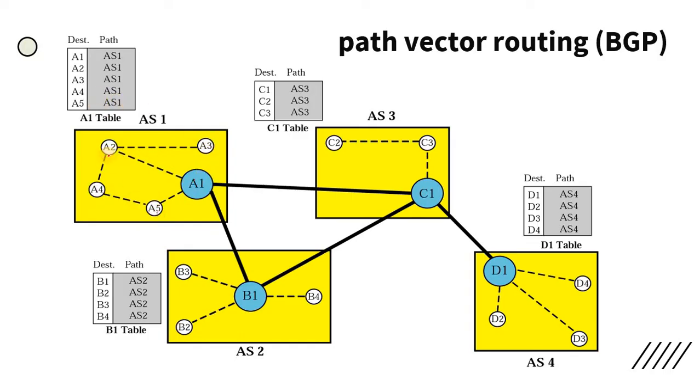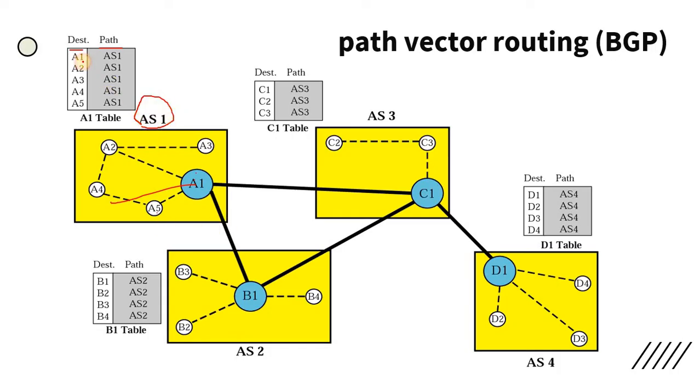So how is the routing table created? This is the destination and this is the path. From A1 to A5, A1 to A4, A1 to A2 and A1 to A3, the path is only autonomous system 1, because all the nodes lie in autonomous system 1.